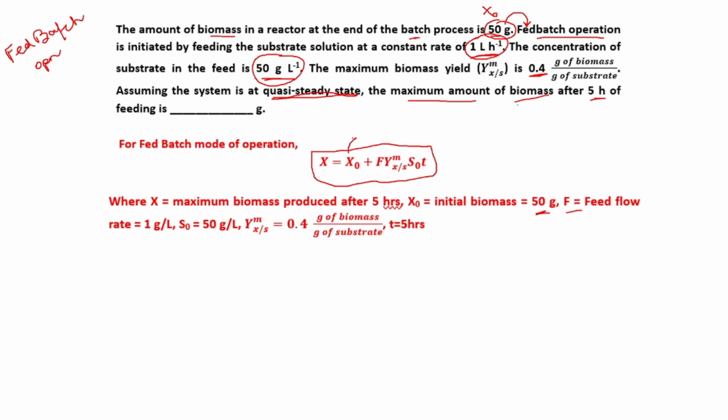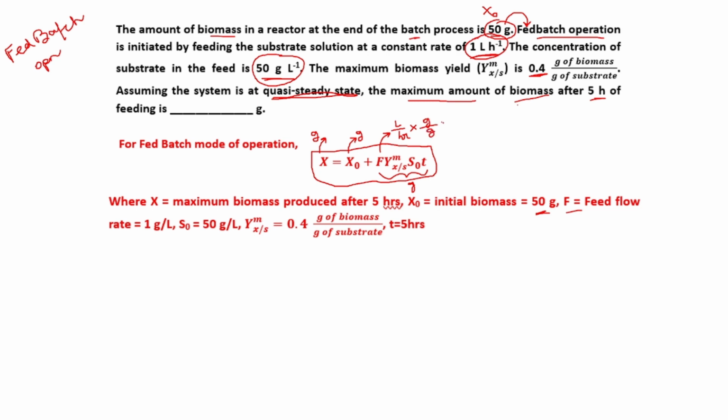What is the unit of X0? It is in grams, and you have to find the final X in grams also. So this total thing should give you a final unit of grams. Let's see if we can get that. The unit of feed flow rate is liter per hour, multiplied by the unit of Y_XS, which is gram per gram, so it basically cancels.